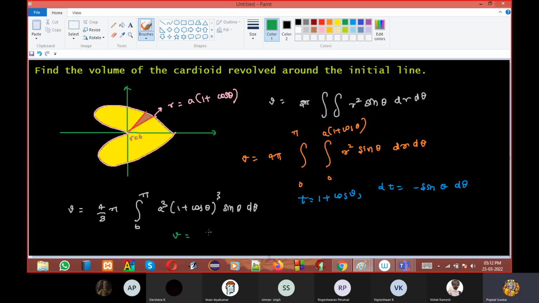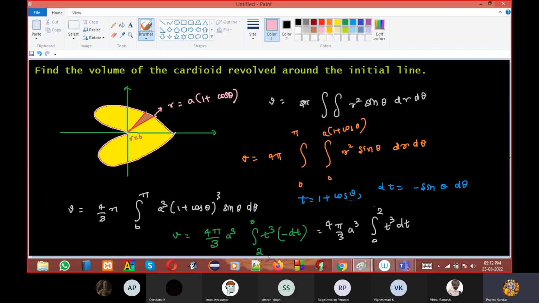So the volume will be 4 by 3 pi a cube into integral 0 to 2 of t cube dt.